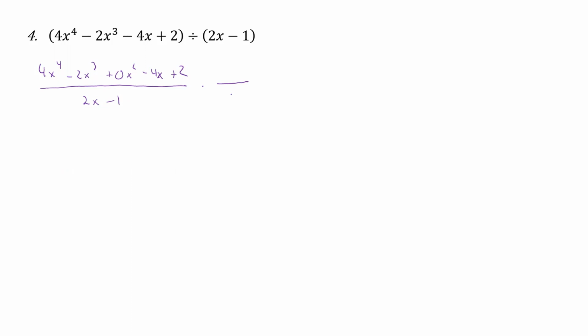Well, I'm going to have to multiply by 1/2. So I'm also going to have to multiply the numerator by 1/2. So if I take 1/2 times everything up here, then 4 divided by 2 is going to be 2x to the fourth, minus 2 divided by 2 is 1x to the third, plus 0x squared, then minus 2x, and then plus 1 all over x minus 1/2.